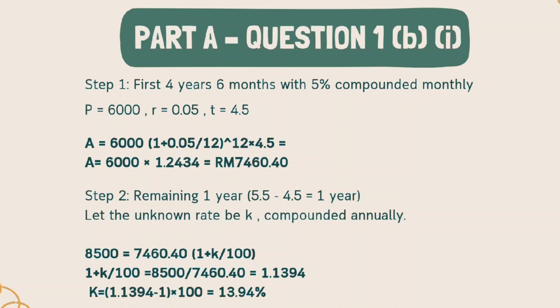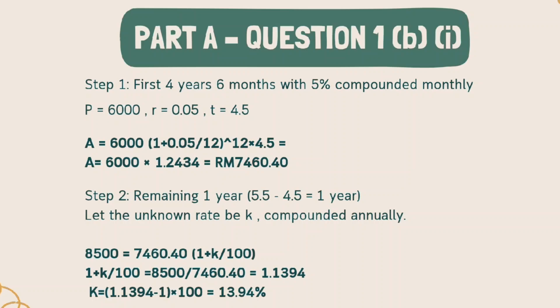To find K, step 1 is the first 4 years 6 months with 5% compounded monthly. The principal is 6,000, R is 0.05, and T is 4.5 because it's 4 years and 6 months, so 4 years and a half.